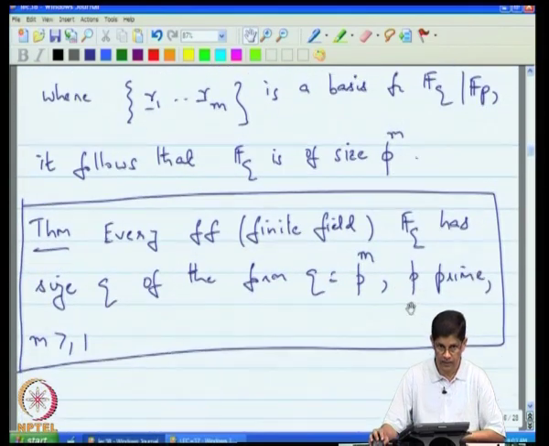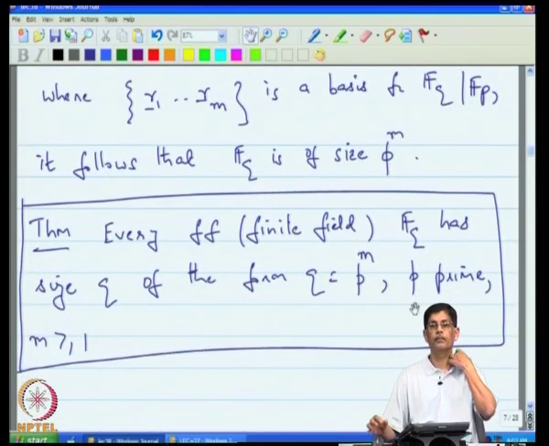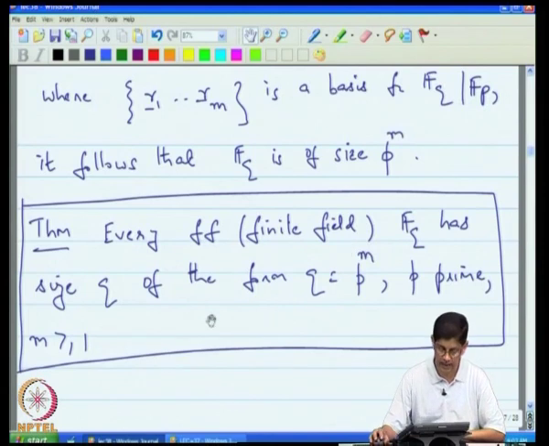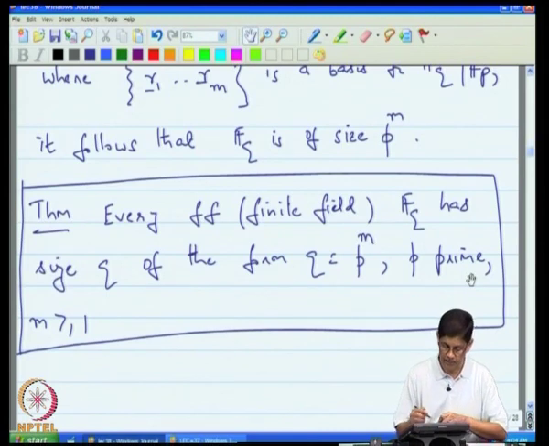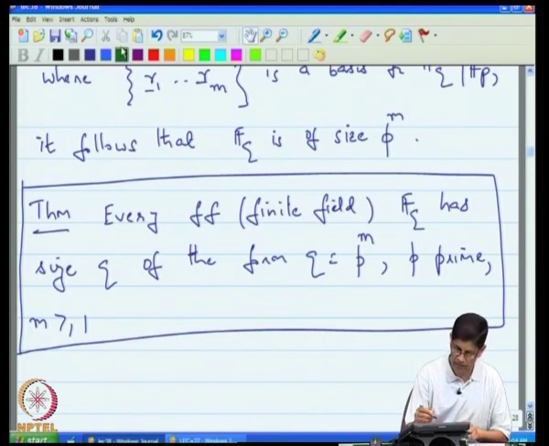All right. So, to summarize, every finite field FQ must have size of the form q equals p to the m for some prime p and m greater than or equal to 1. And moreover, we can actually say what this prime is.